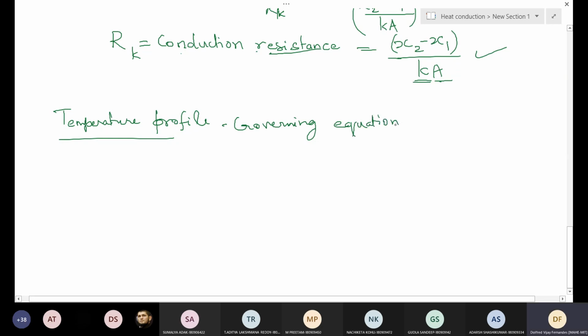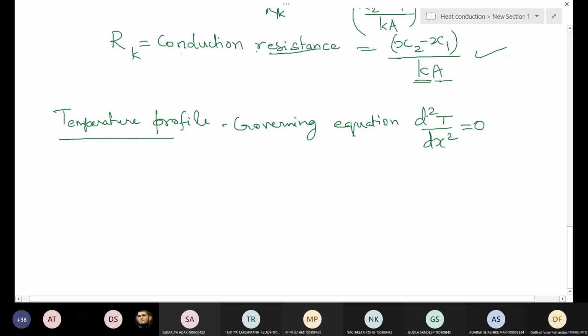What is the governing equation for Cartesian coordinates? We are taking the thickness of the wall along the x direction. So we can take the governing equation d squared T by dx squared equal to 0.